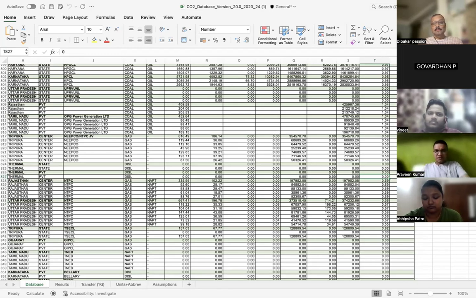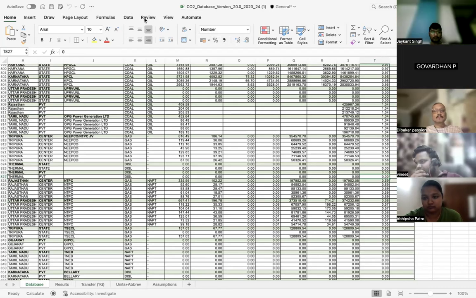Yes, so power factor actually determines how efficiently that particular power plant is operating, how many losses are happening. Ideally, power factor should be 1, but it doesn't happen. Sir, how it is related here, I don't know. He's saying it is related to the carbon intensity.